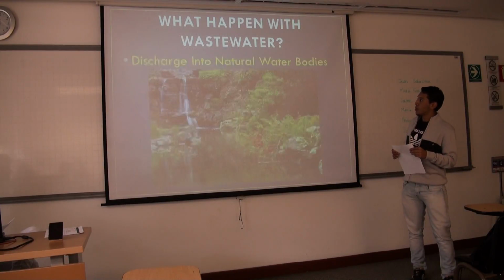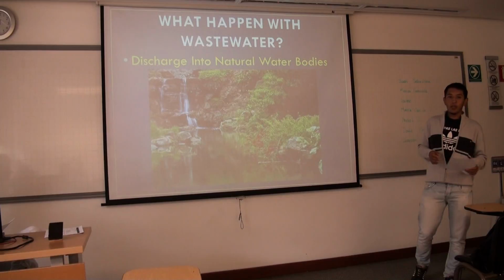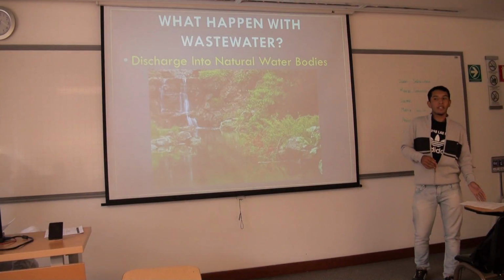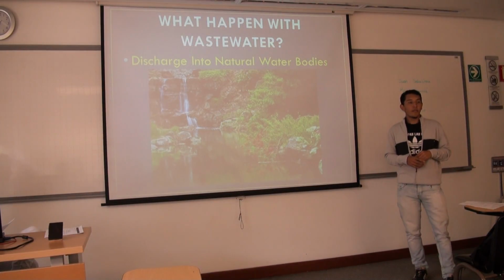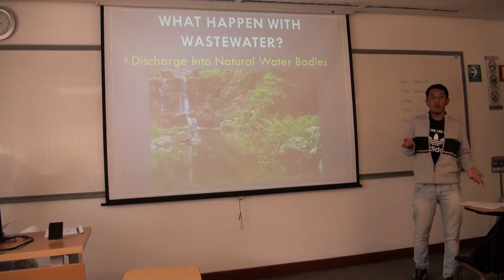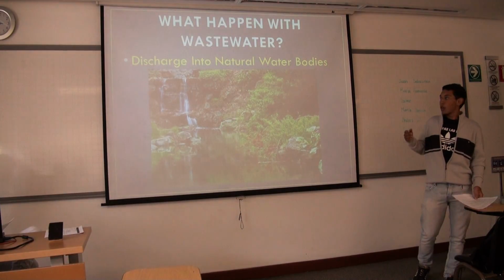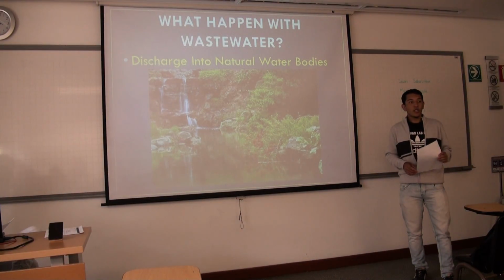The second option is to discharge into natural water bodies. So basically, it will impact the natural water bodies in a negative way, because the contamination of these sites is going to increase.